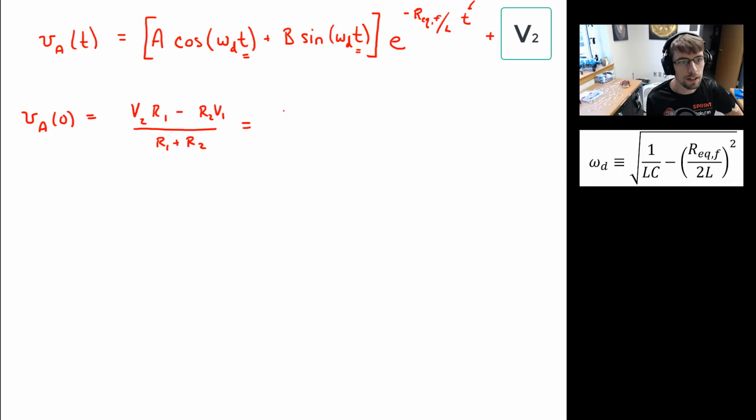We have something that says, okay, well, this would be A. Cosine of 0 is 1. We get 1. Plus B. Sine of 0 is 0. We have e to the 0, which of course is 1.